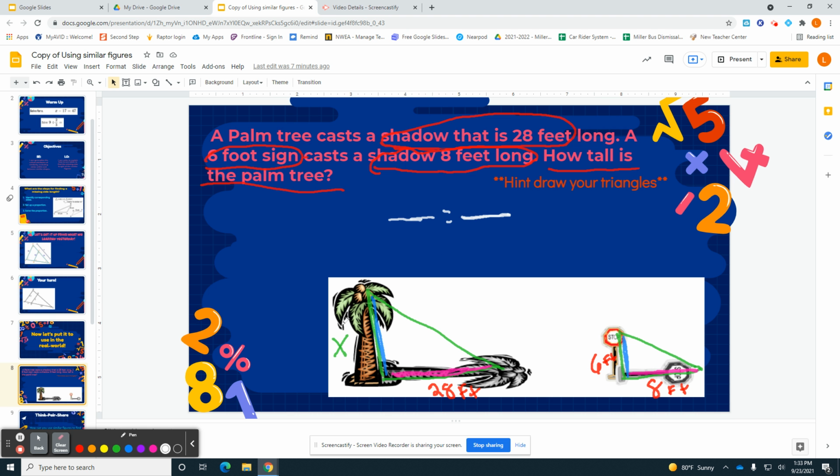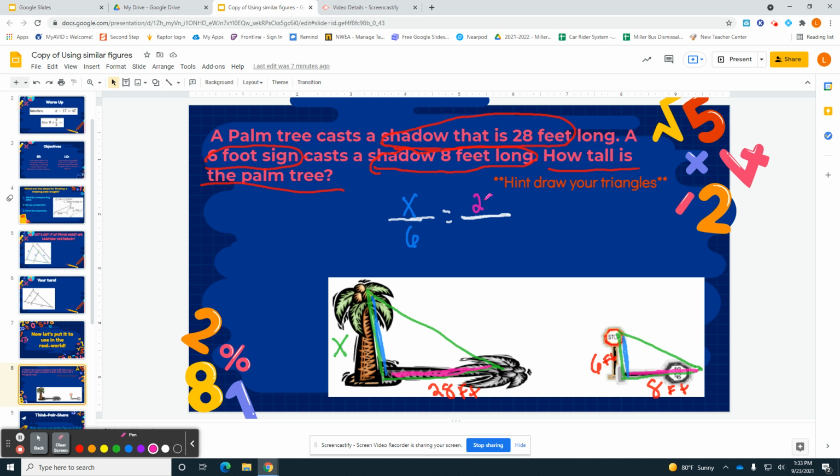So for this one, I'm going to use corresponding sides to set up my proportion. So here I'm going to use X because that is my blue side. So what measurement is blue on the stop sign triangle? 6 is correct. So now I'm going to have 28. Okay, so 28 is my pink side, and does that belong with the palm tree, which is the X, or does that belong with 6, which is the stop sign?